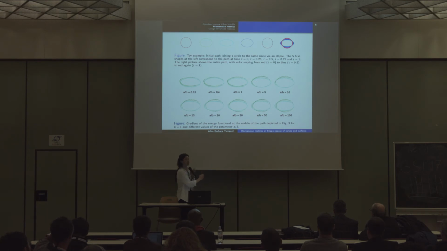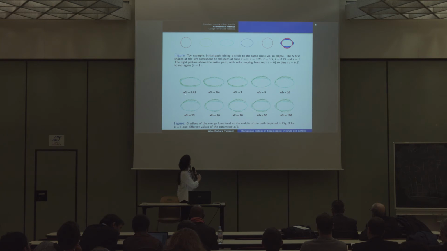So here everything is arc-length parametrized. Well, if you make the parameters A and B vary, in fact, it's only the quotient A over B which is important here, and you look at what's happening in the middle of the path, you see something like this.